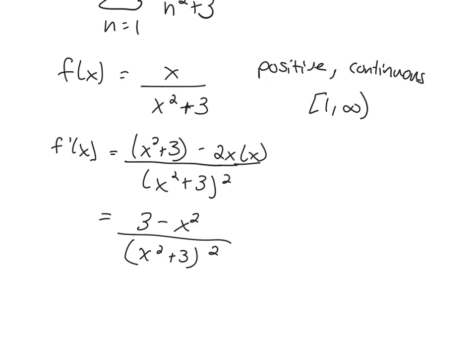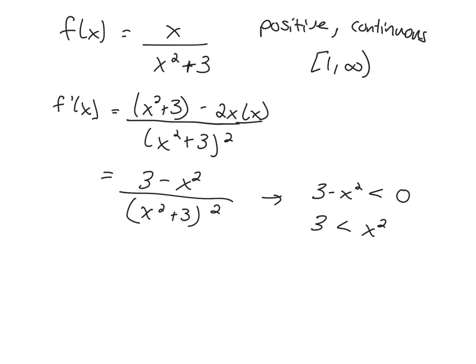What about the numerator? I want to know when is that negative. So I'm going to see when is 3 minus x squared less than 0. I'm only looking for x being positive values. So I know that this is negative when x is bigger than the square root of 3.